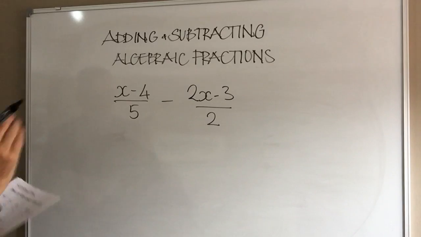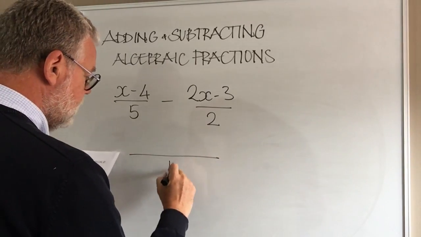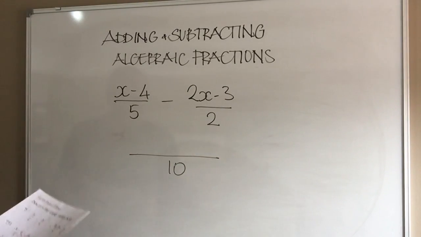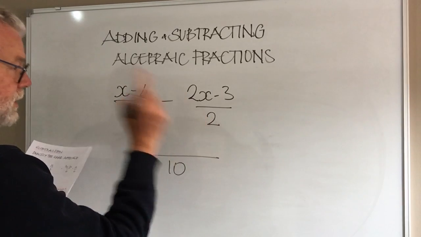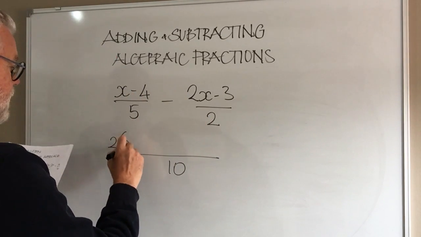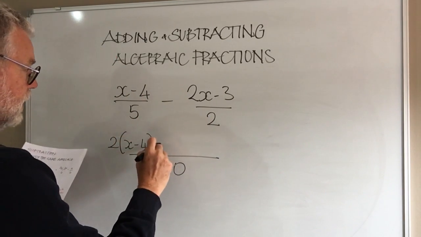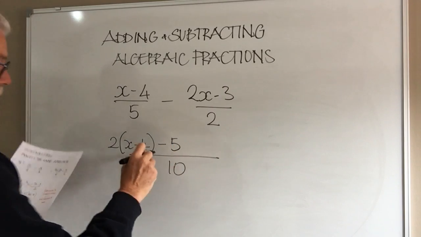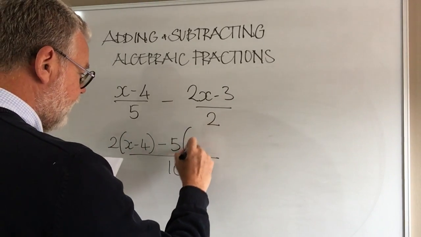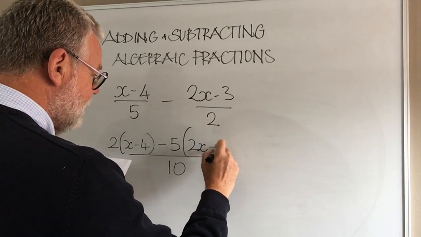So remember, we multiply across, we get to our common denominator. Remember when we cross multiply brackets, so 2(x minus 4) minus, now we've got to be careful here because we've got a negative number, minus 5(2x minus 3).